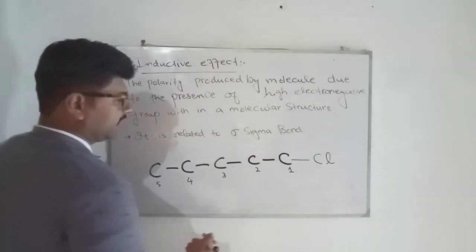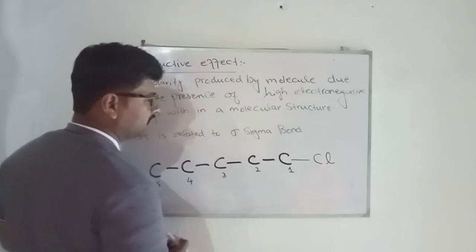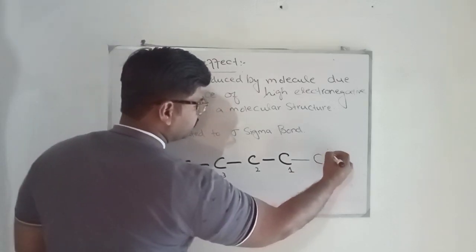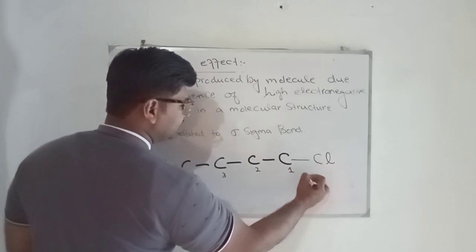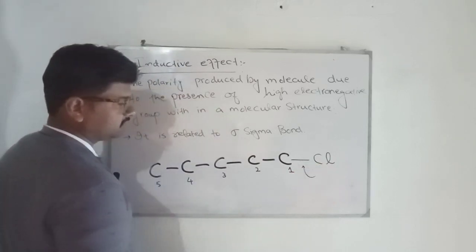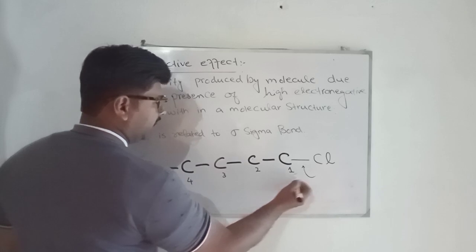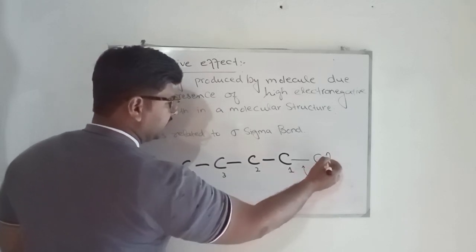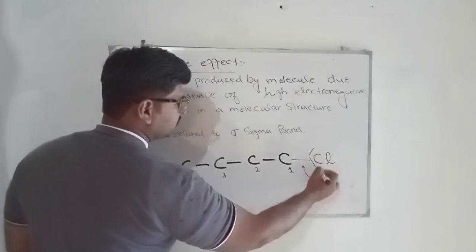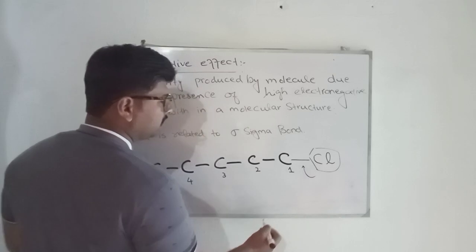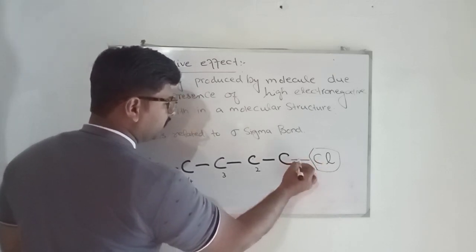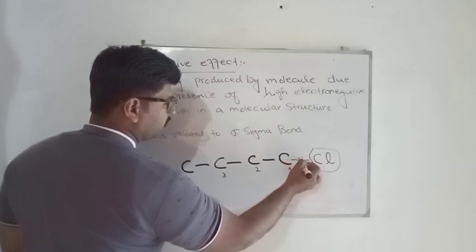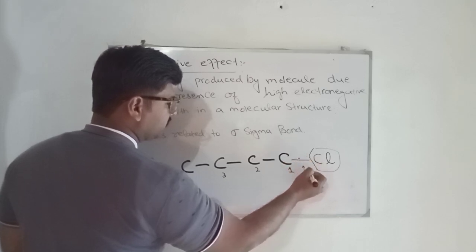Now we know that this chlorine is highly electronegative, and it will try to pull these sigma electrons. And the effect that is produced by this chlorine group will be the attraction of this sigma bond towards the chlorine atom.